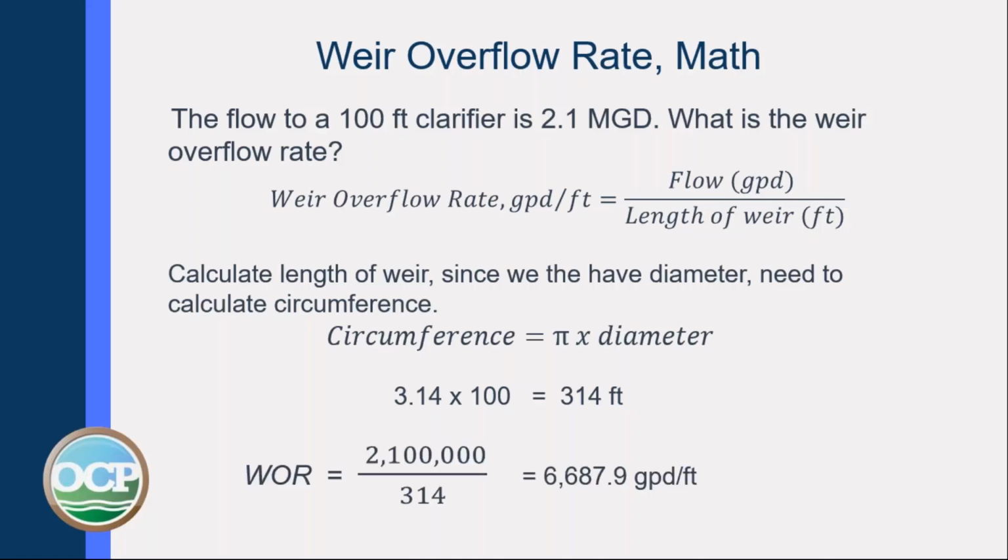We take our flow to the tank in gallons per day. 2.1 million gallons is 2,100,000 gallons per day, divided by the length of weir, 314 feet, gives you a weir overflow rate of 6,687.9 gallons per day per foot of weir.